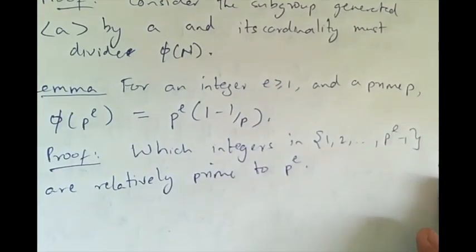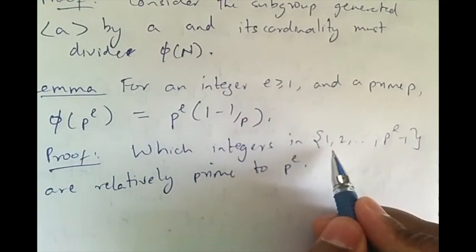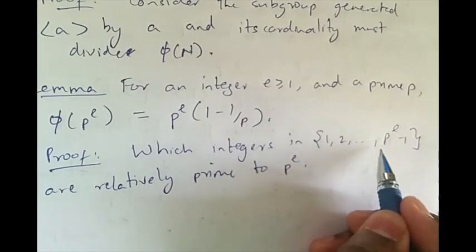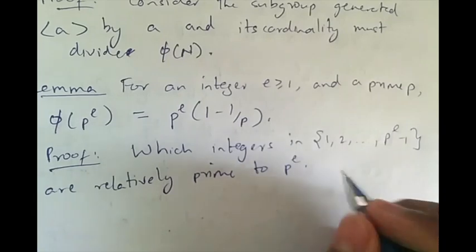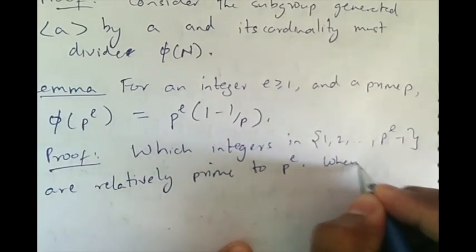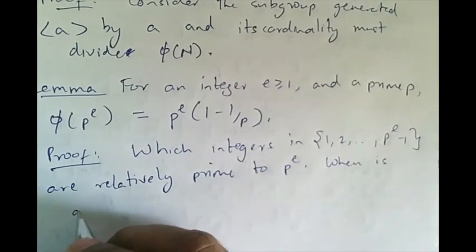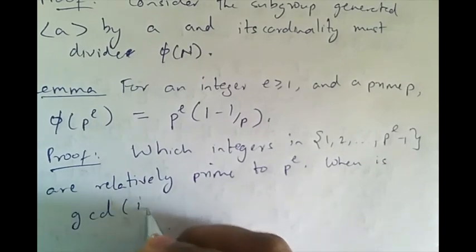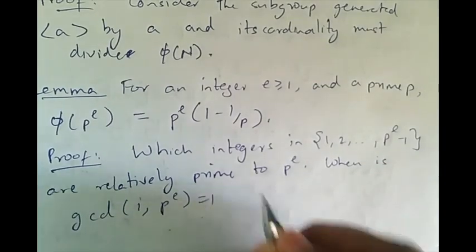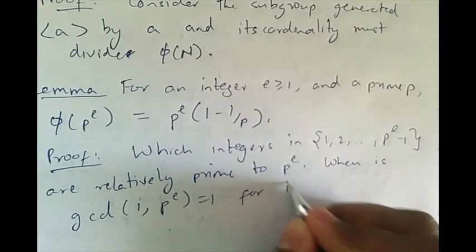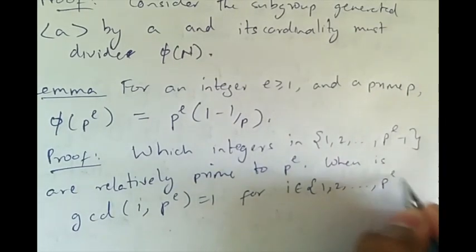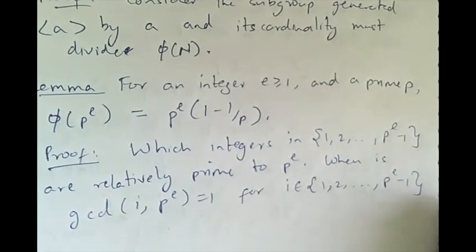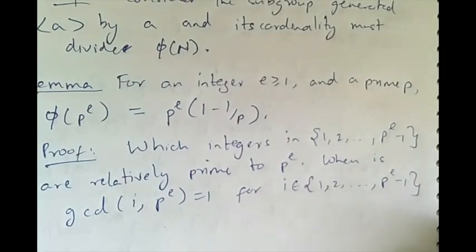That is, which integers i in this range have a GCD of 1 with p to the e. So that is the question here.